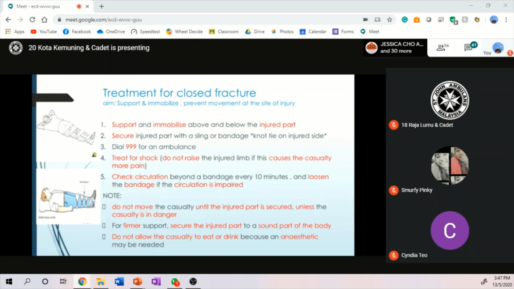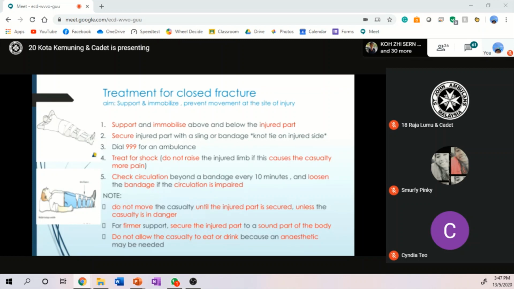Then you need to check circulation beyond the bandage every 10 minutes, to check whether the blood circulation is normal, because sometimes the bandage is tied too tight. It will damage or weaken the circulation, the blood flow.